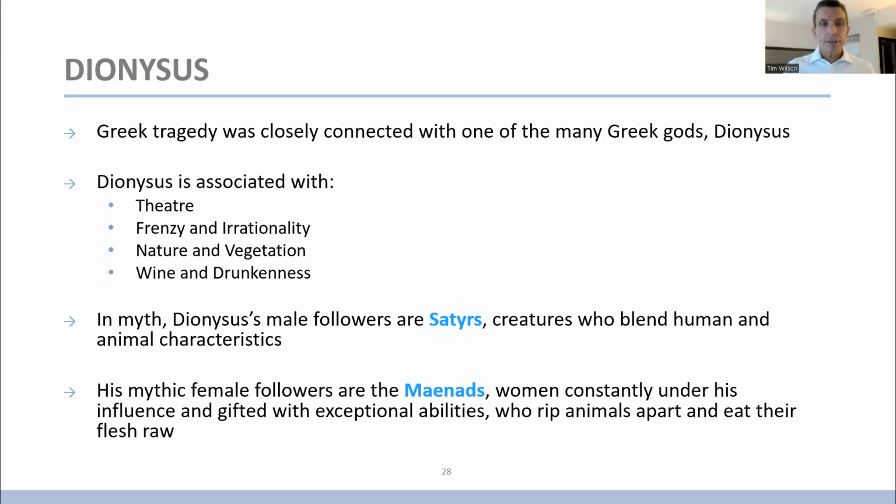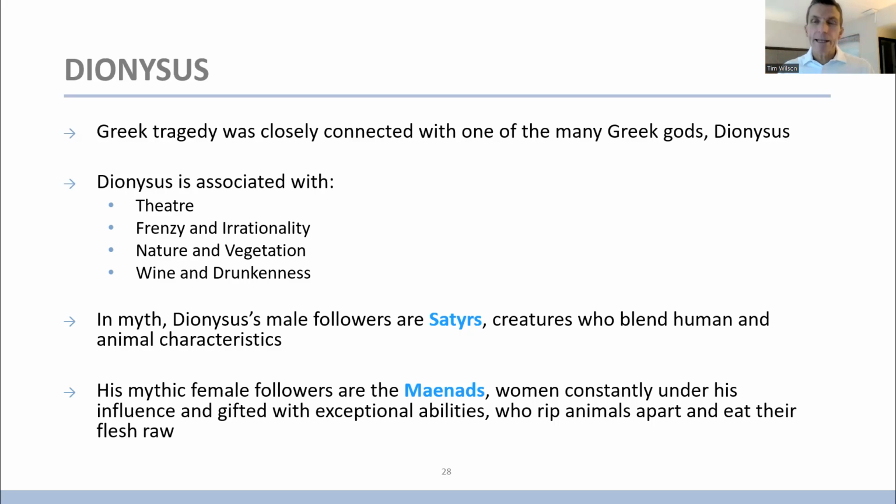So in myth, Dionysus's male followers are called satyrs, and they're creatures who blend human and animal characteristics. And his mythic female followers are maenads, women who, under the influence and gifted with exceptional abilities, are able to rip apart animals and eat their flesh raw, etc.